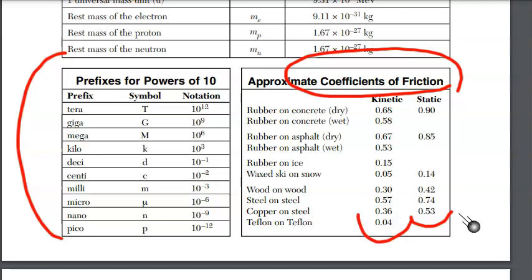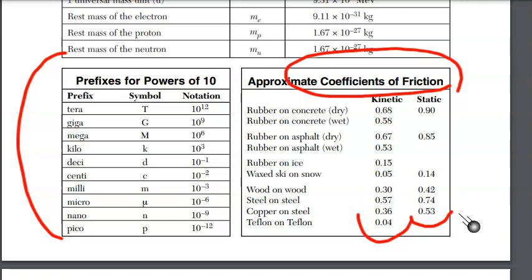No units for these, and static means you're starting with some sort of object at rest versus kinetic where the object is already moving. And if you've ever pushed a box across the floor and it's pretty heavy, you know it takes more force to get it moving than to keep it moving.